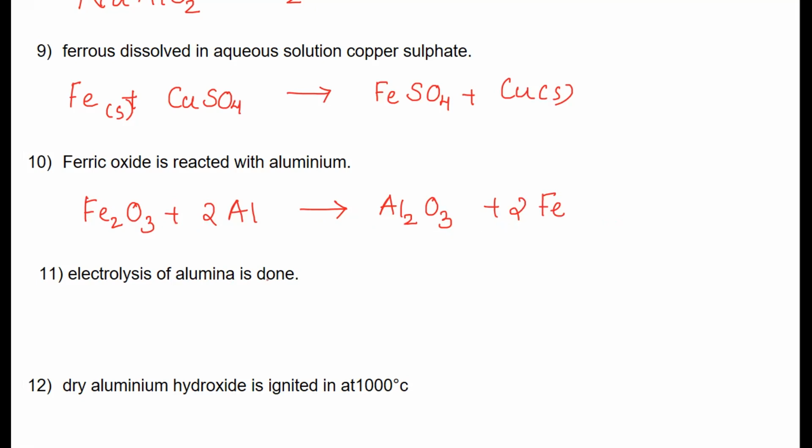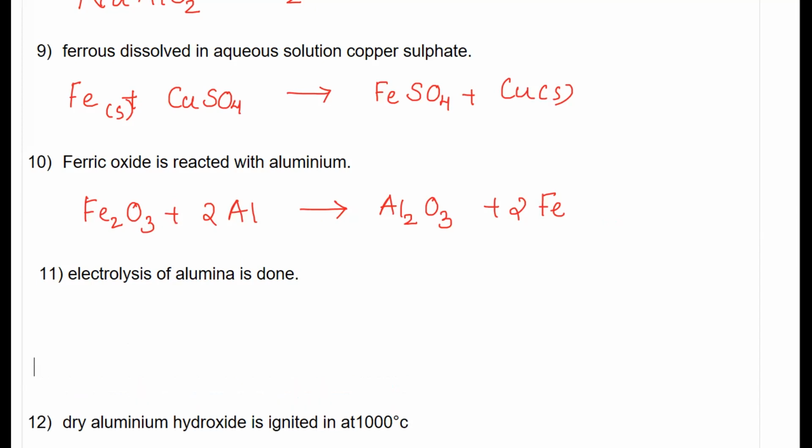Electrolysis of alumina is done. We know that during the electrolytic reduction of alumina, aluminium will get deposited at the cathode and oxygen will be released at the anode. So two reactions are there, cathode reaction and anode reaction.